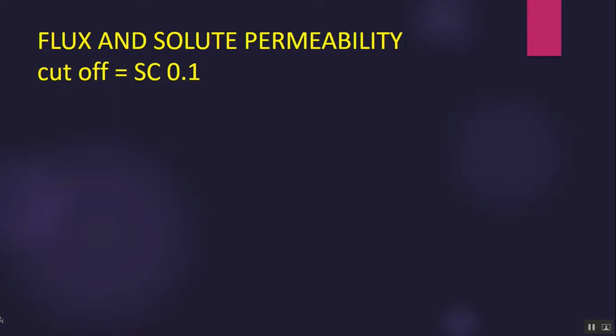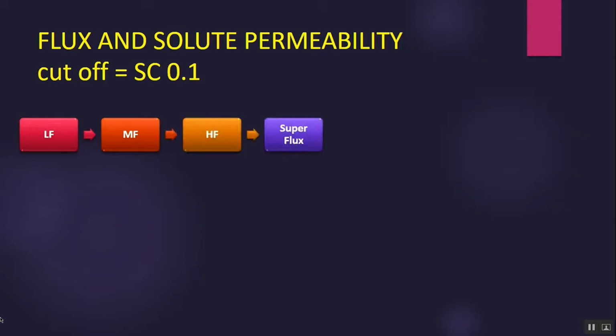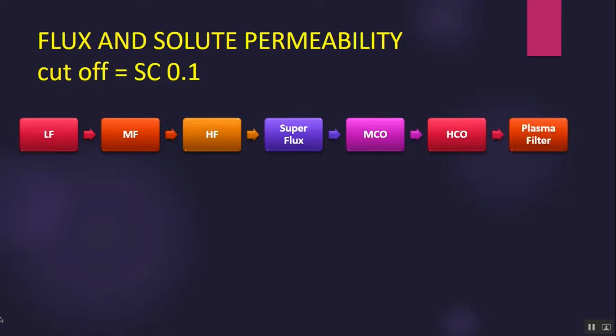For the dialyzer permeability, meaning of a cut-off point, which is equivalent to a sieving coefficient of 0.1, we have low flux, medium flux, high flux, super flux, medium cut-off, high cut-off, as well as plasma filter.